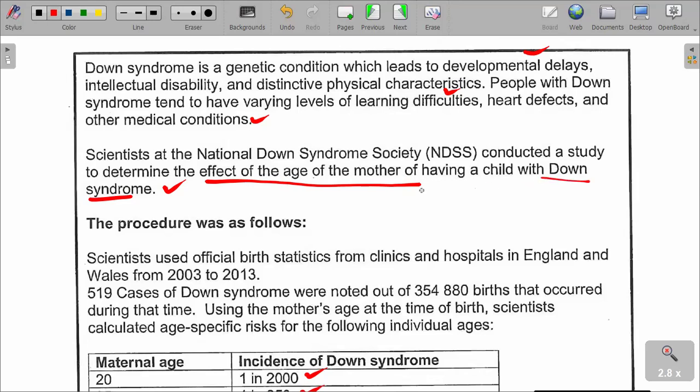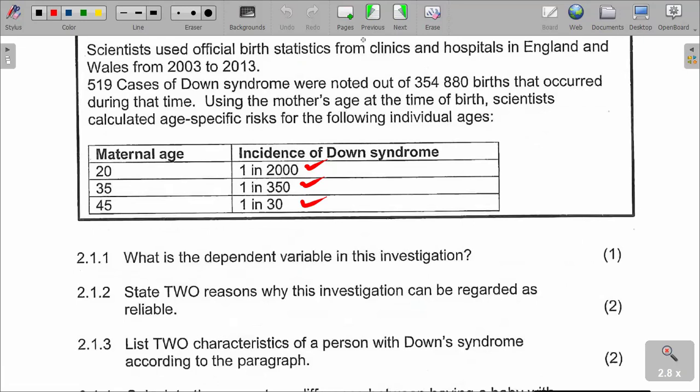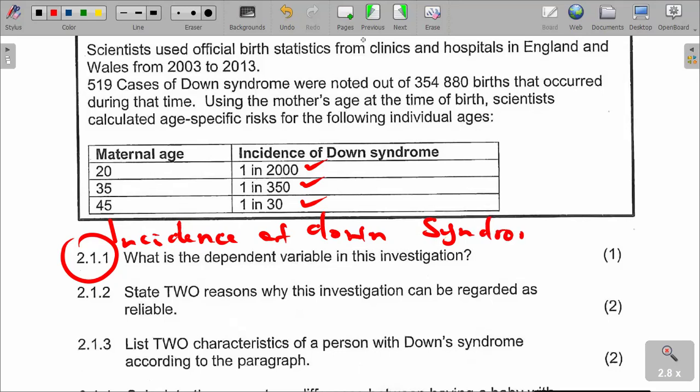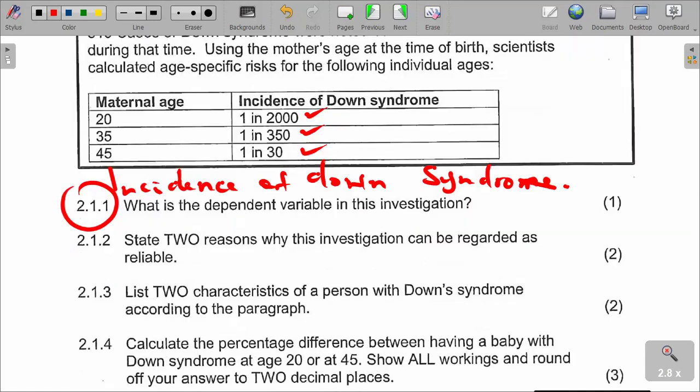Down syndrome is dependent on age. The incidence of Down syndrome is the dependent variable. The incidence of Down syndrome is dependent on what? It is depending on age.